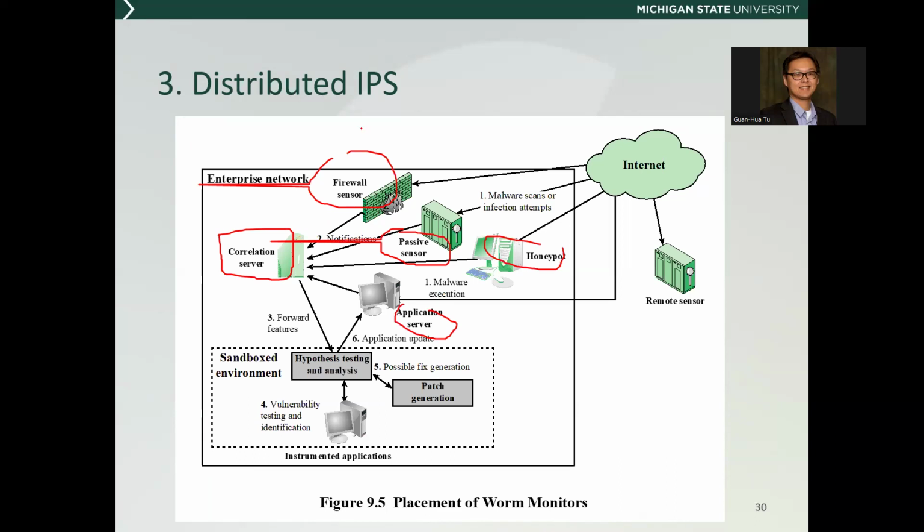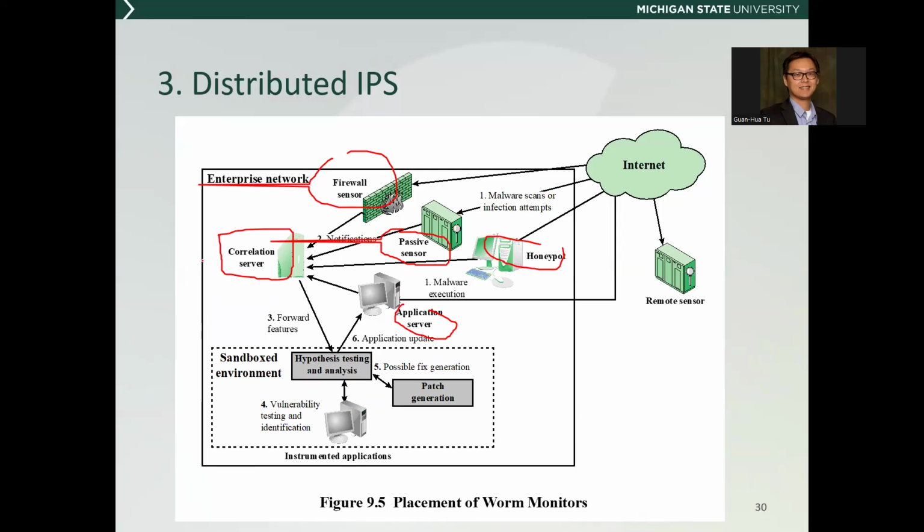So the basic idea is, how do we know we are suffering from intrusion attacks? We can collect information from different sources, including the firewall, the passive sensor, the honeypot we deployed, and the application server we deployed. Then we send the report to a correlation server.